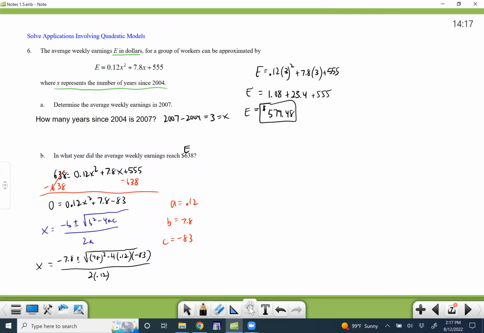Ooh, it's getting kind of small, so I'm going to move up over here. All right. So I'm using my calculator for a lot of this, you guys. So some stuff might seem magical, but I'm assuming you have your calculator next to you too, okay? So I'm going to get the stuff underneath the square root and just punch that all into my calculator in one shot, okay? 7.8 squared.